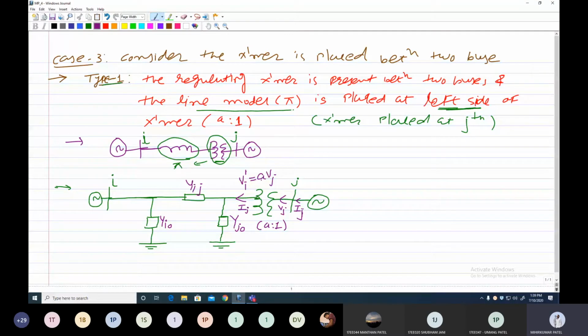Just recall the theory of the transformer, where the transformation ratio is multiplied for the voltage and divided for the current. Clear? Ij by A. Okay. Then similarly this side voltage. This sign is not valid for voltage, I think. Yes, let me erase it.